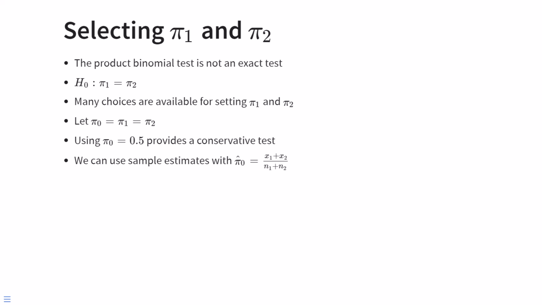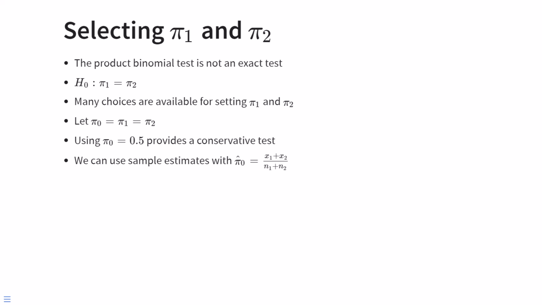We are looking at pi 1 and pi 2, and there are many possible choices. Anything that you choose for pi 1 and pi 2 to be the same, whether it's 0.4, 0.5, 0.7, 0.9, 0.34, all of those, as long as we hypothesize both of them for pi 1 and pi 2, the null hypothesis is going to be true.